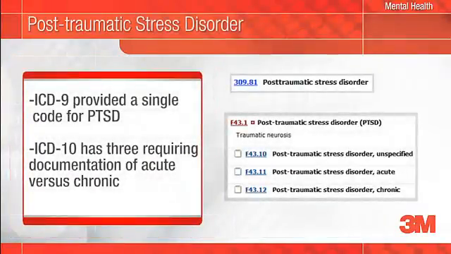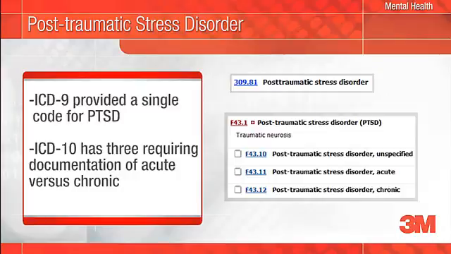Post-traumatic stress disorder, PTSD, is estimated to affect 7.7 million adults in the United States. Effective treatments have been developed, and research into prevention methods is currently ongoing. What's new with post-traumatic stress disorder in ICD-10 is that it is now categorized as acute or chronic PTSD, which you'll be required to indicate in your documentation.